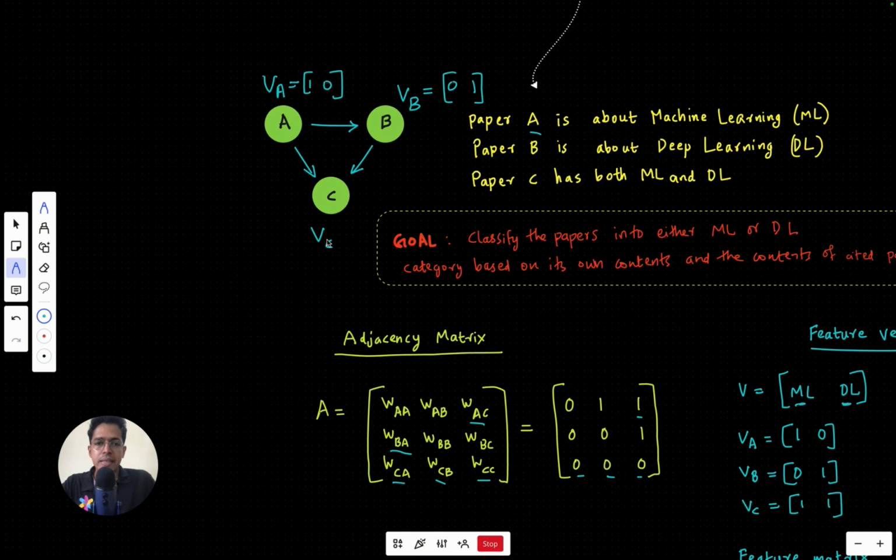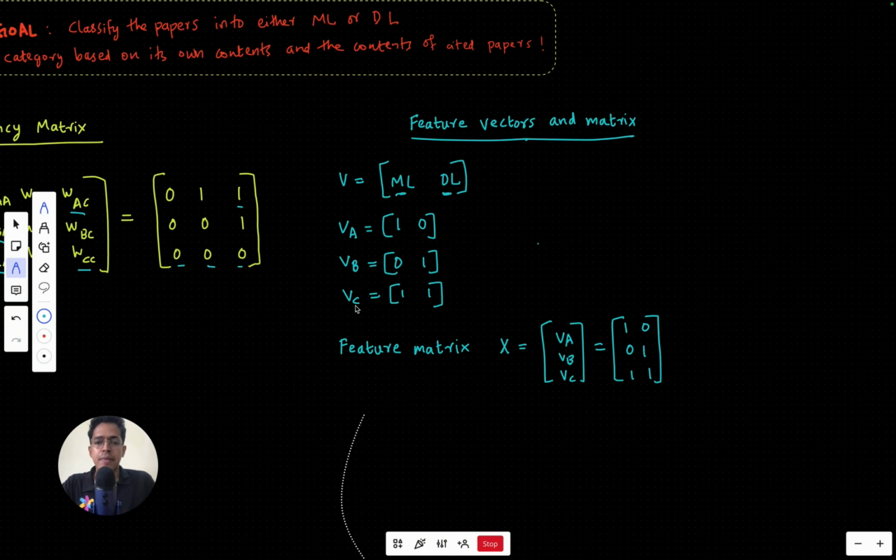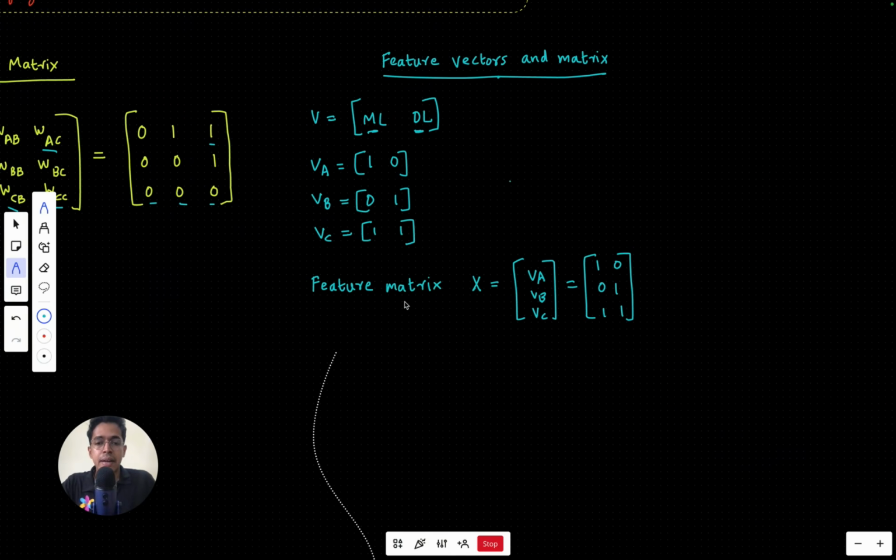And paper C has both ML and DL. This is something that we defined. You can define whatever you want, and based on that, the feature vector will change. So VC will be 1, 1. So these are the feature vectors, VA, VB, and VC. Now, what is the feature matrix? We denote this matrix by X. And feature matrix X is nothing but a collection of these three vectors, VA, VB, and VC.